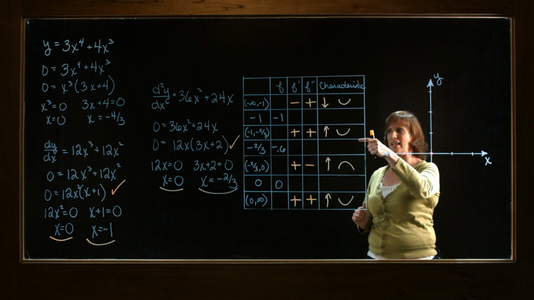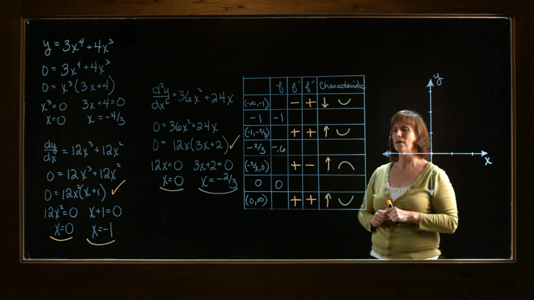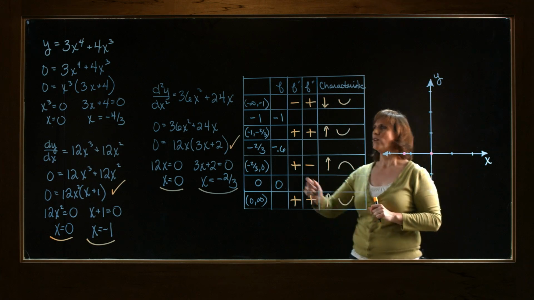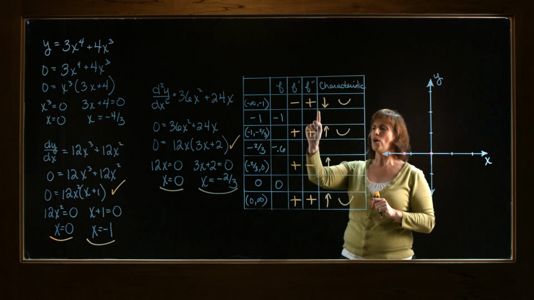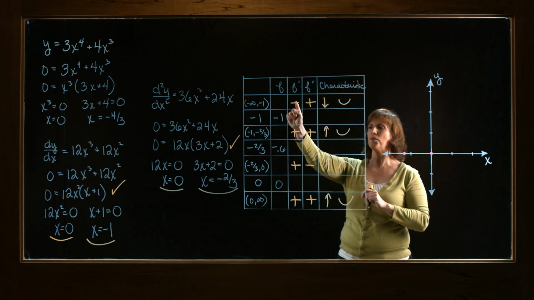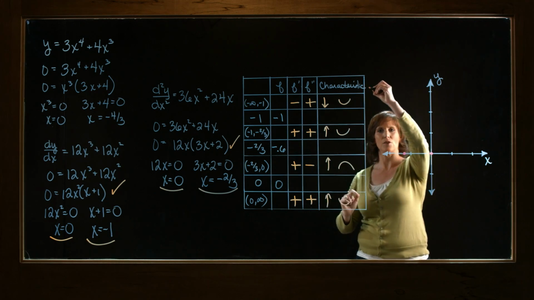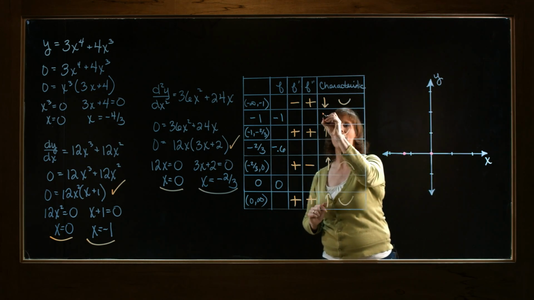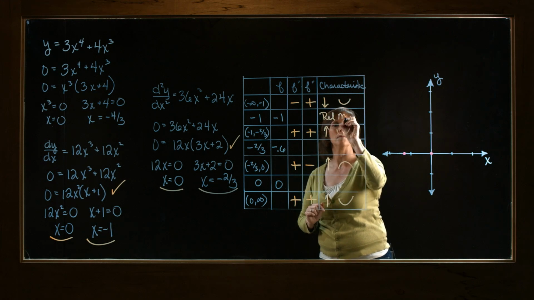Well, notice that I've skipped those points. Let's fill in the information, see what's happening at those locations. So at -1, -1, notice there's no change in concavity, but there is a change from decreasing, so the graph is falling, and then it increases. That's giving me a relative minimum.